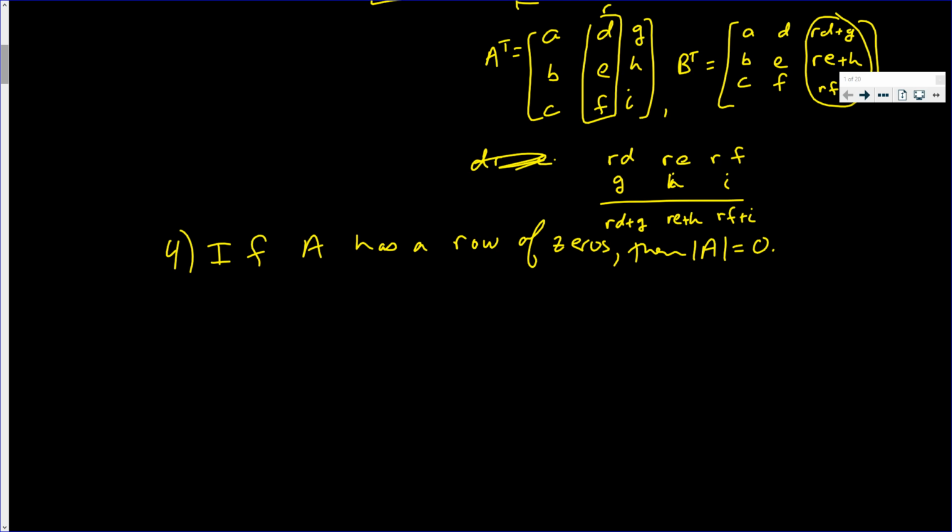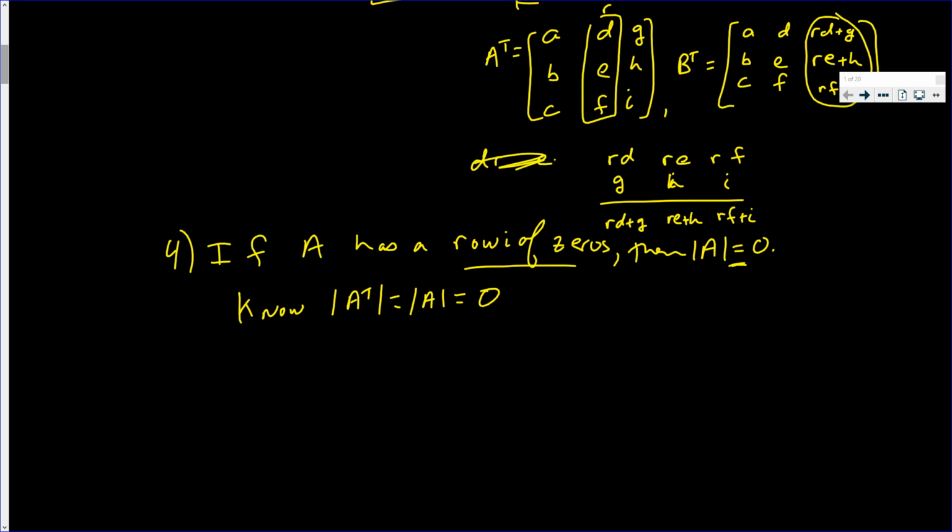Well, we know that the determinant of A transpose equals the determinant of A, which is 0. But now let's look at this carefully. If row i has all zeros for A, then column i is going to have all zeros on A transpose.